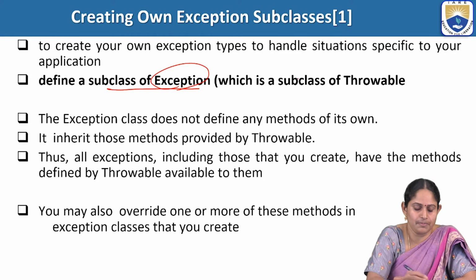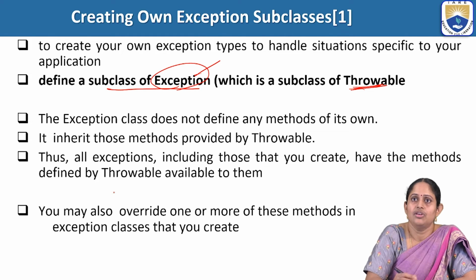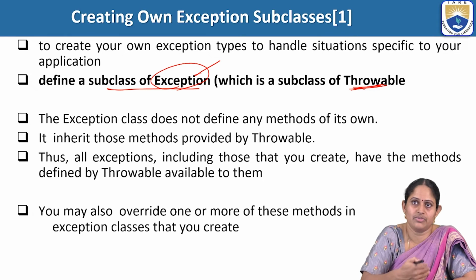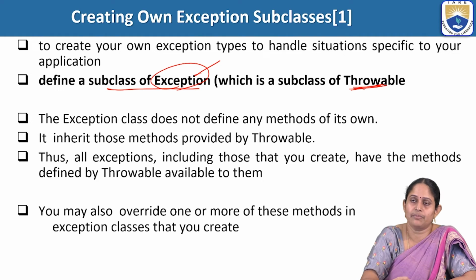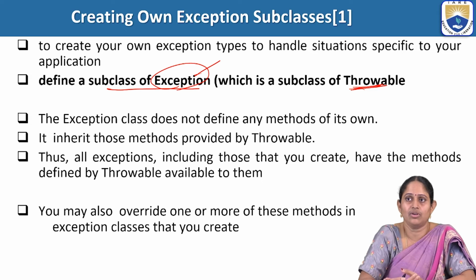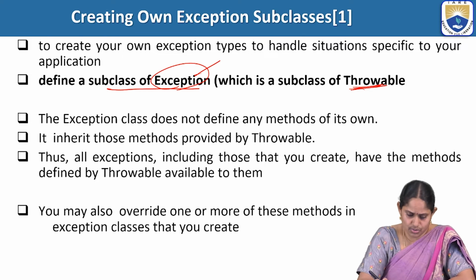Now the Exception class is also a subclass of Throwable. So all the methods which are available inside Throwable are made available inside the Exception class also. So we can override all those methods according to our wish. We can override the methods obtained from the Throwable class and give our own description for our exceptions.